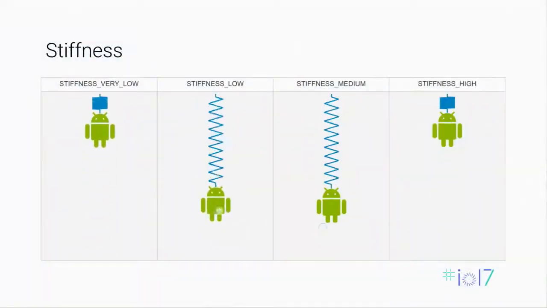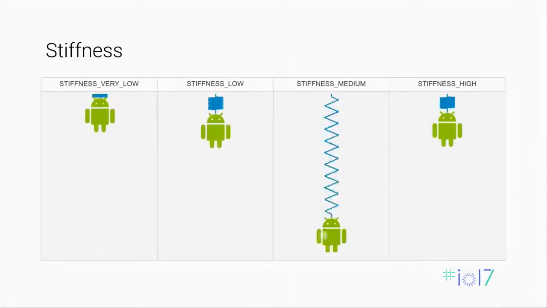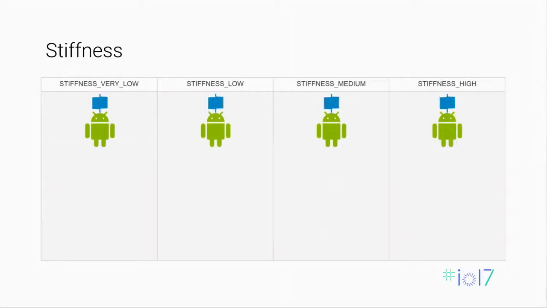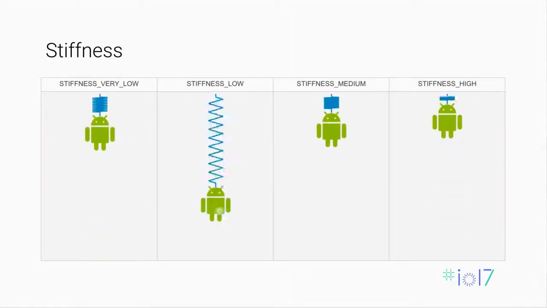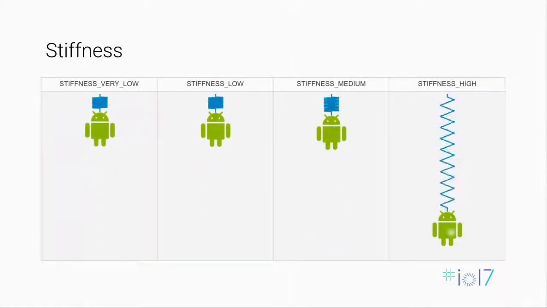Now we're ready to start. So let's take a look at the stiffness from low to high. Here, if you look on the very left, when the stiffness is very low, the spring compresses rather slowly after it's stretched out of its resting position. And when the stiffness gets higher towards the right, it bounces back up much faster.